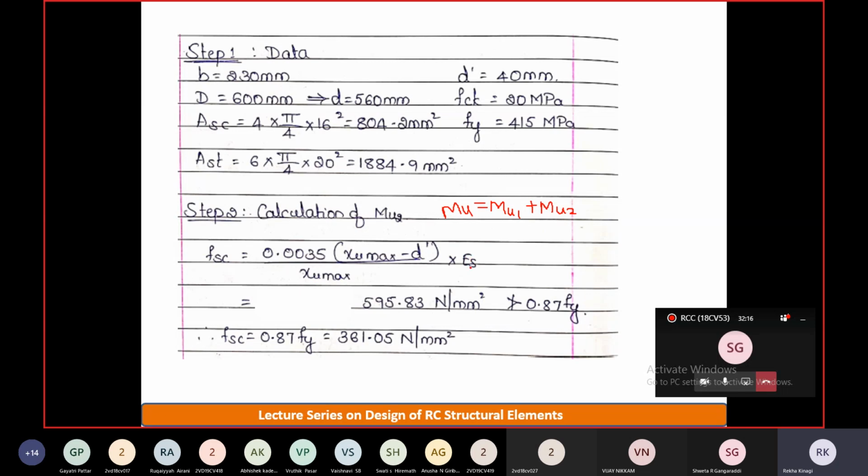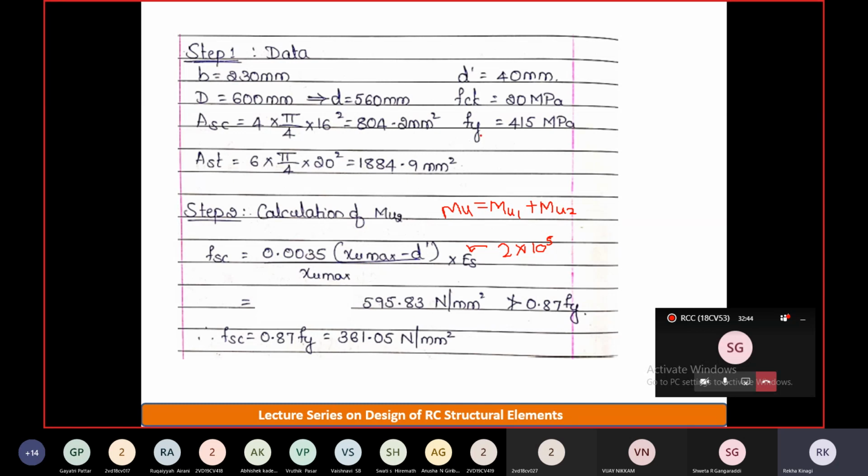This value has to be considered as 2 into 10 to the power of 5 Newton per mm square or megapascal. XU max we have not yet calculated, so we can calculate the value of XU max.